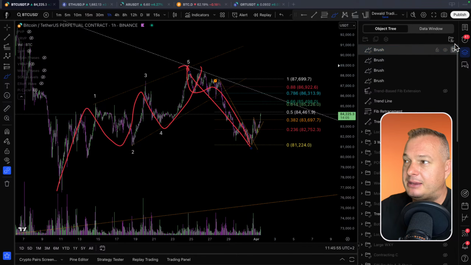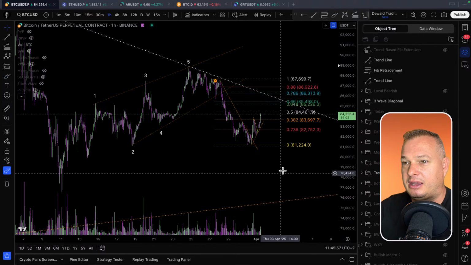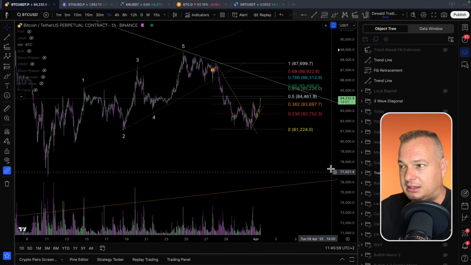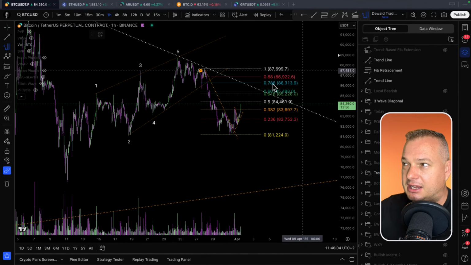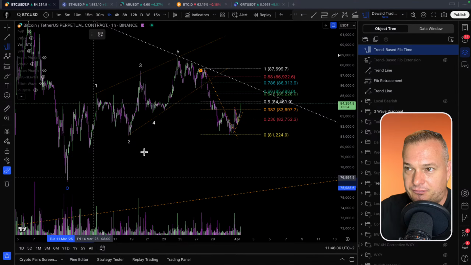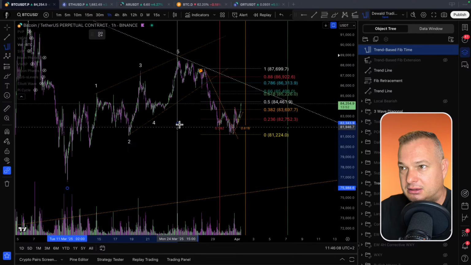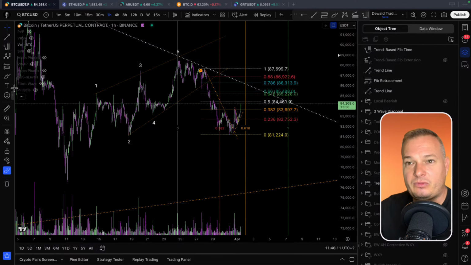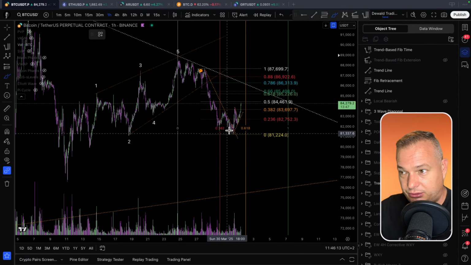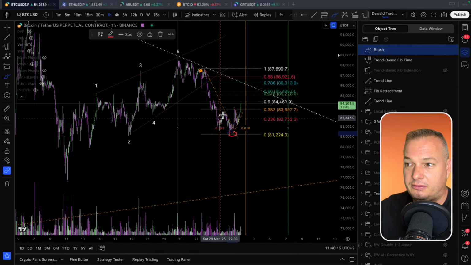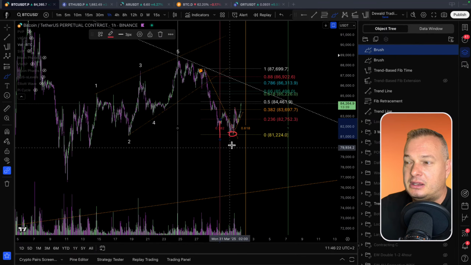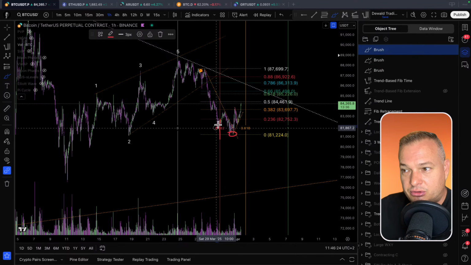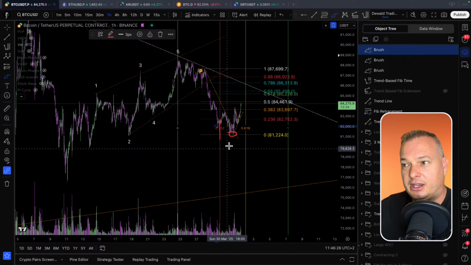There's a couple of issues with this scenario, and I will just keep it very simple. If you take a time fib from the low to the high, at least this low was made after the 0.382. Beautiful. Makes sense. So that low concerned me because it was made before the 0.382.